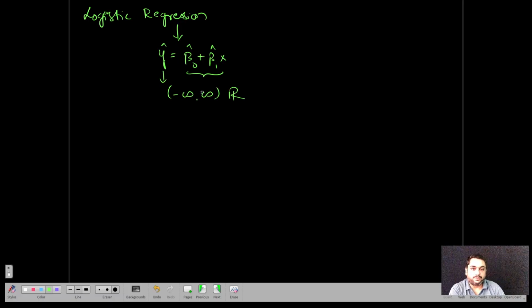It belongs to the real domain. Now, when I take the logistic part of it, I'm getting p, the probability value, which is between 0 and 1, right? So how will I model this to regression? That is the question. Hope you are getting it. So how can I do it?